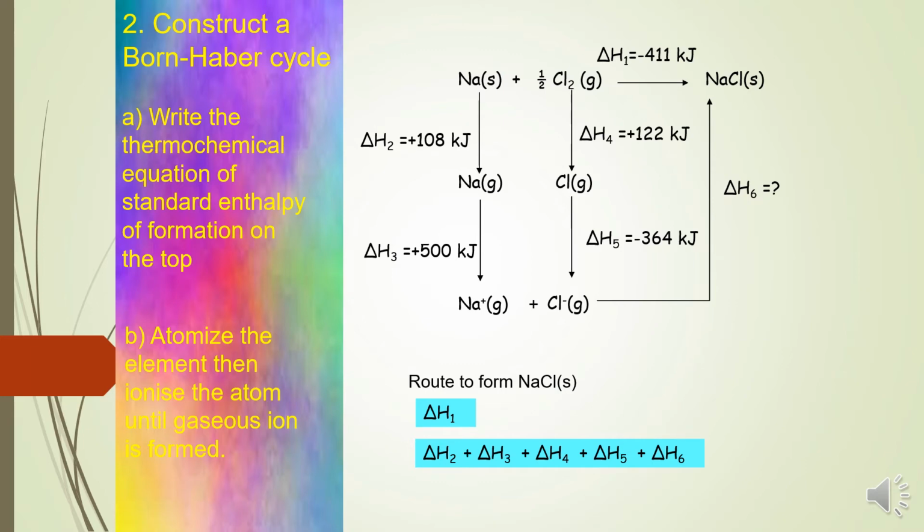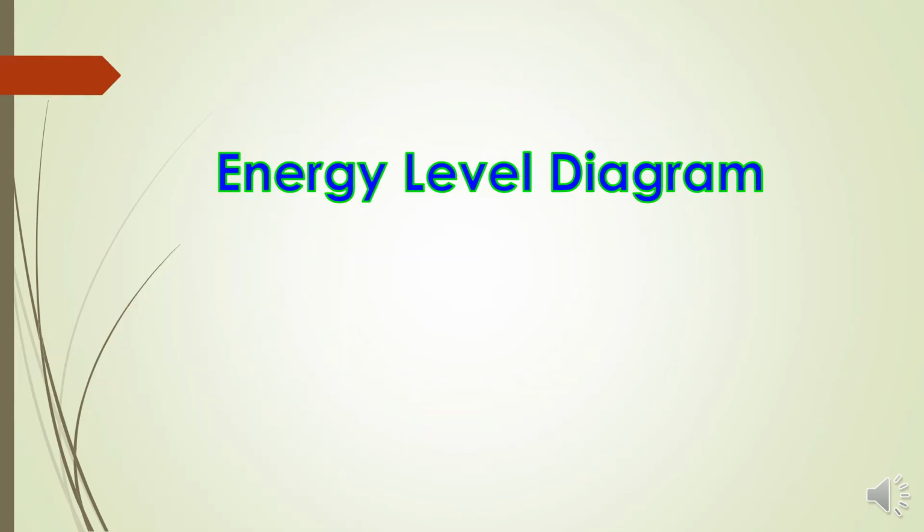By applying Hess's law, delta H1 equals delta H2 plus delta H3 plus delta H4 plus delta H5 and delta H6. By doing this, you are able to determine the lattice energy of sodium chloride. I hope you get the idea how to construct the Born-Haber cycle in the form of an energy cycle diagram.